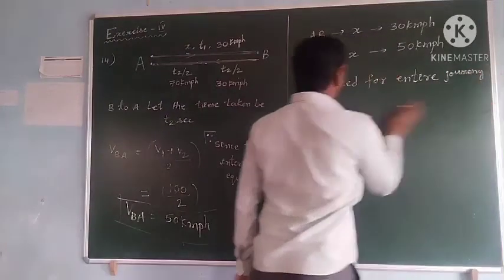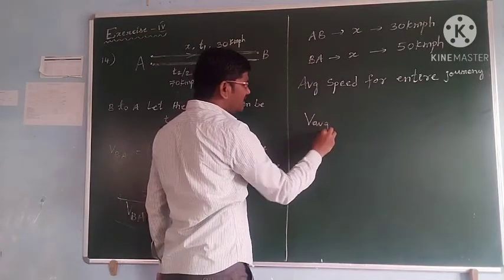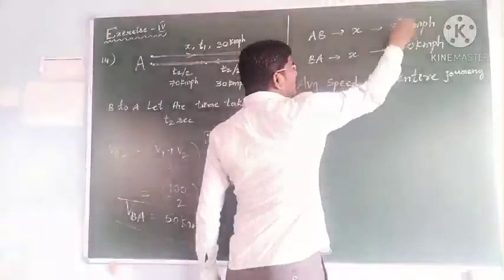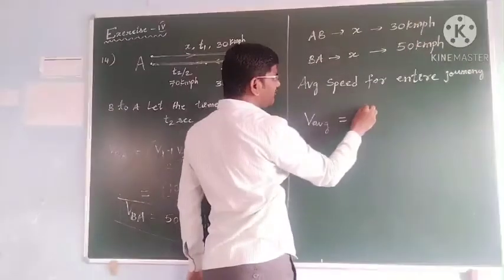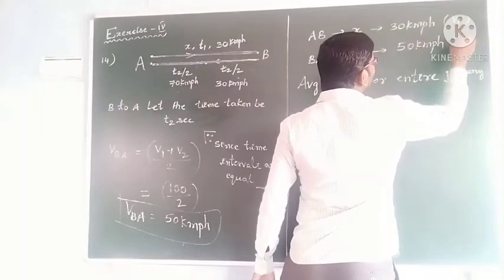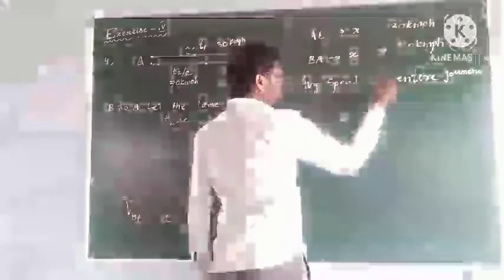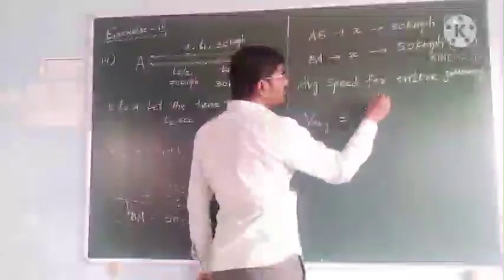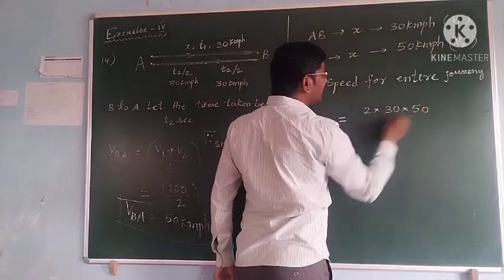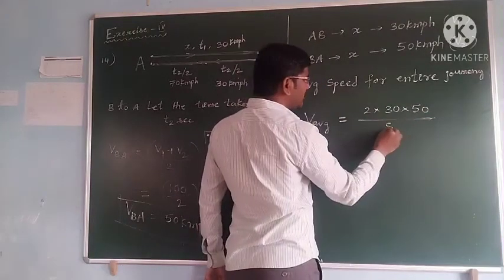I want to find it, that is V average is equal to, so different speeds you have, equal distances we have, then take V1, take V2. Okay students, then 2V1V2 by (V1 plus V2). 2 into V1, you write 30, and V2 write 50, by 30 plus 50 you will get 80.